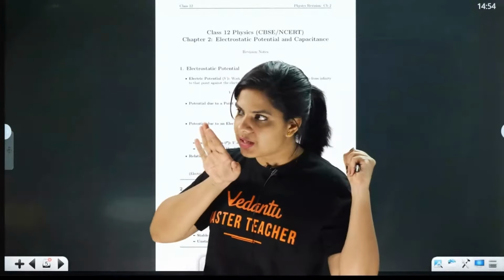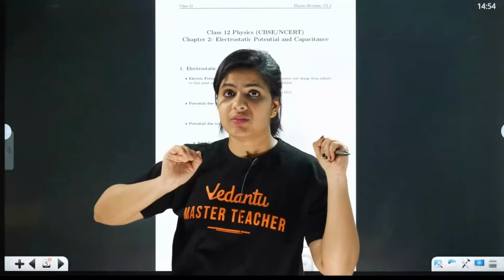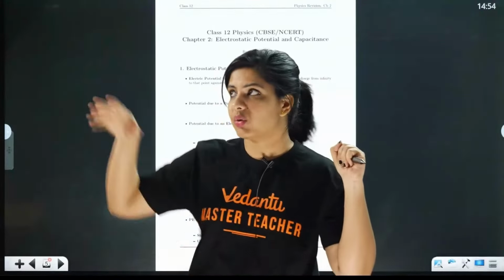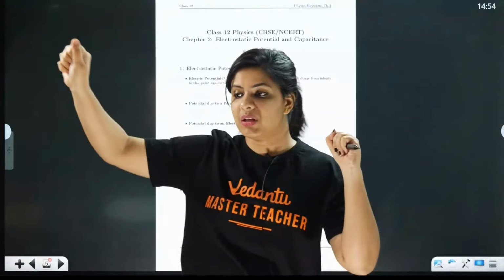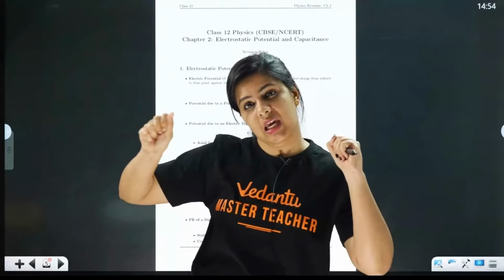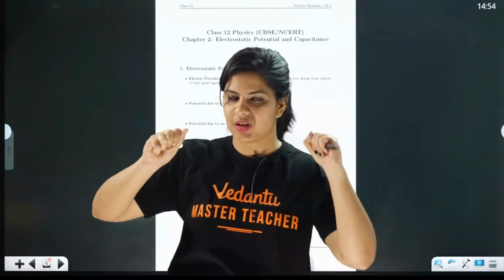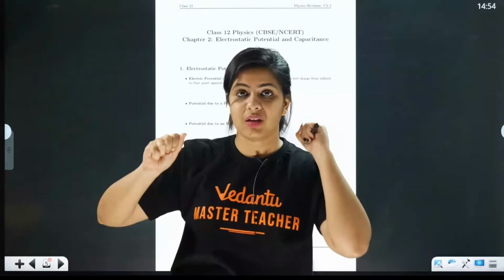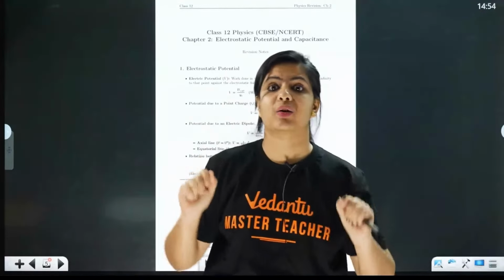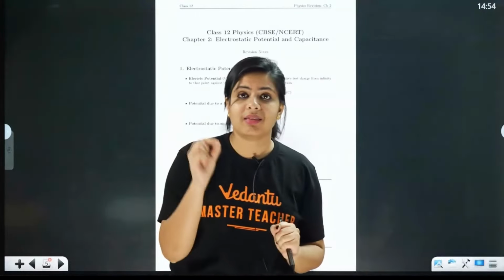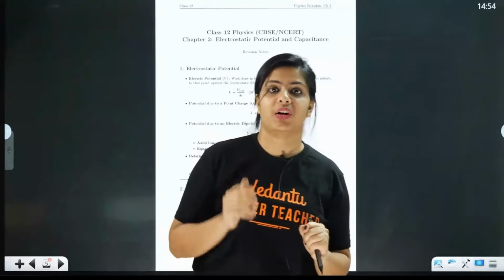So the electrostatic force ஓட direction இப்படி, ஆனா what we are doing, we are bringing the charge from infinity and we are doing work against it, correcta? The work done is against the electrostatic force. அப்படினா அந்த work done stored as the potential energy.